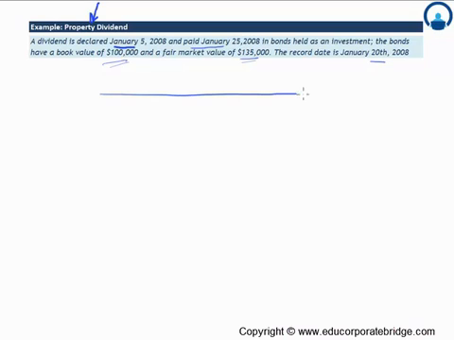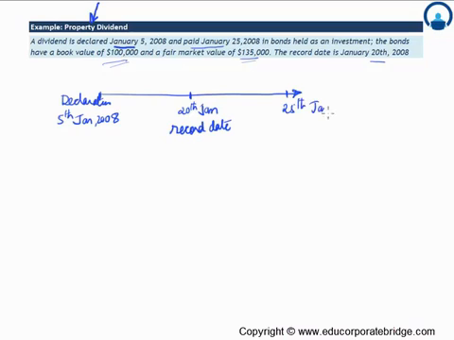So on the timeline, what we'll have is 5th Jan 2008, the date of declaration. In between, on 20th of Jan, this would be the record date. And on 25th of Jan, this will be the payment date.